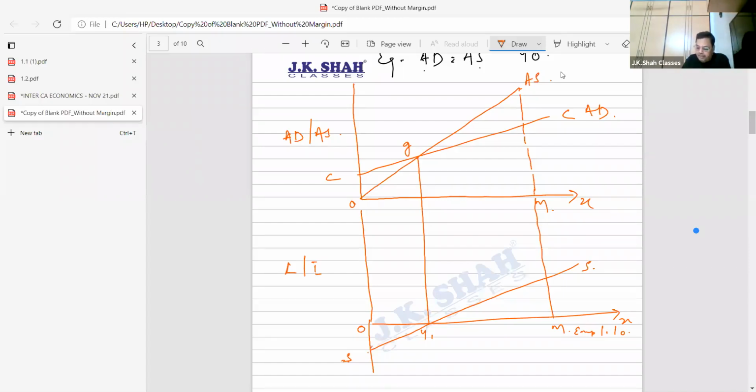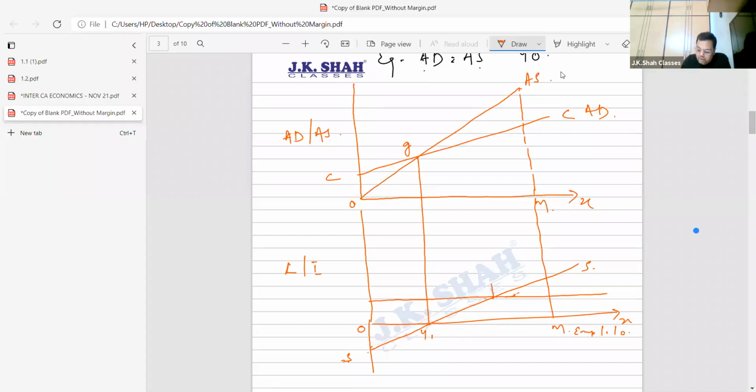As you go beyond the break-even point, what happens? You have positive savings. With positive savings, you make investments. So positive saving and investment are both equal at this point.